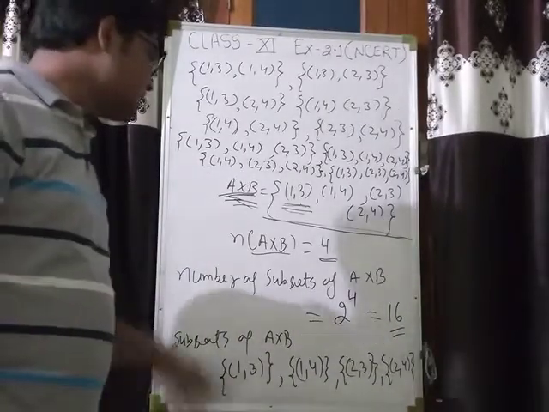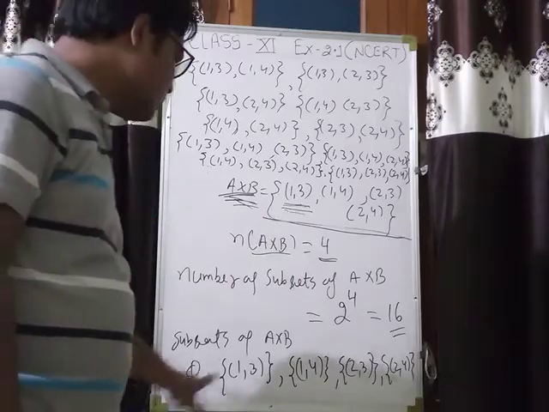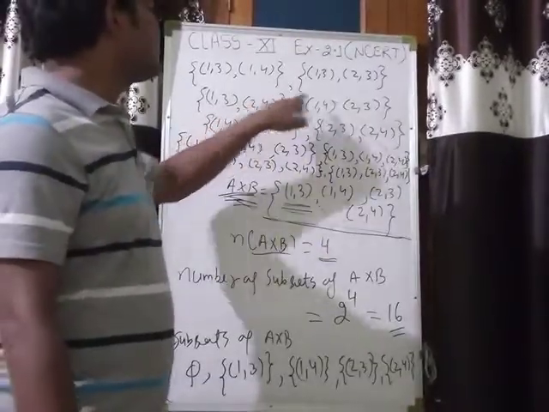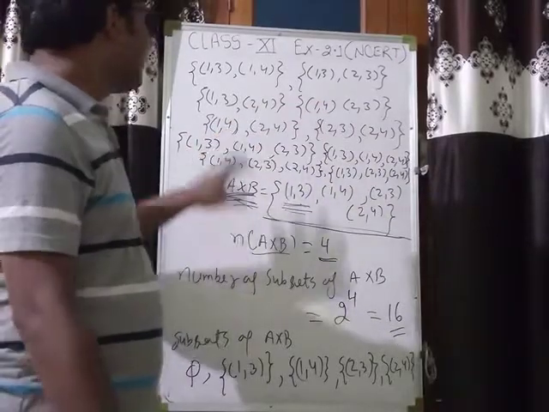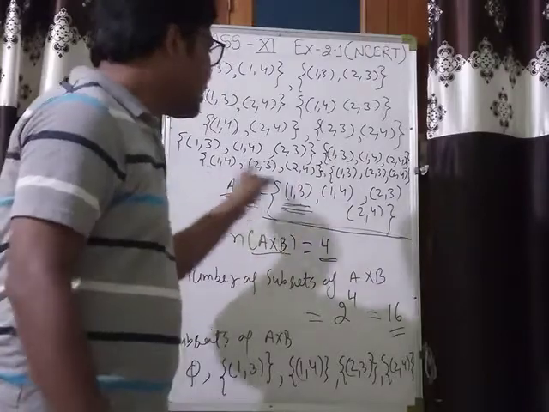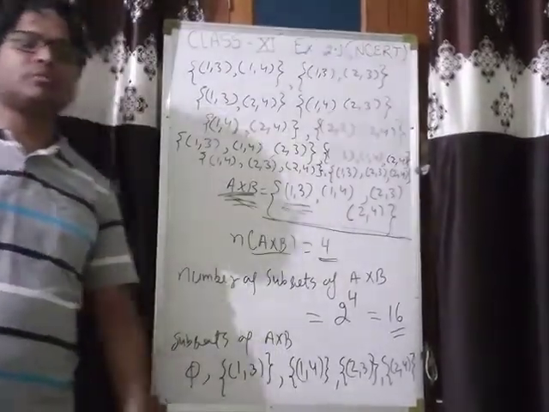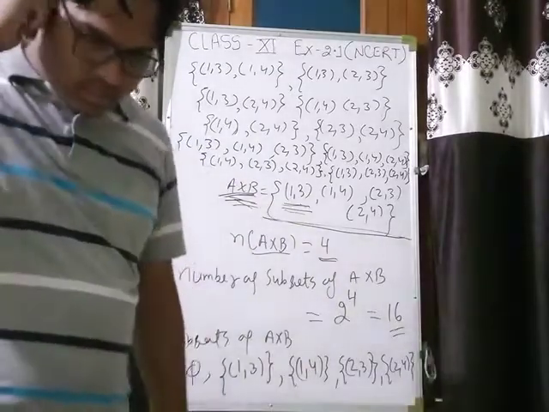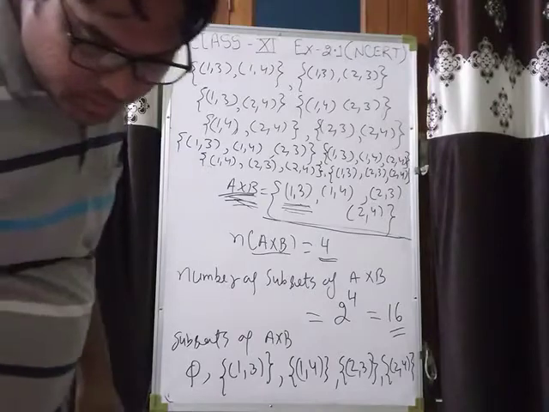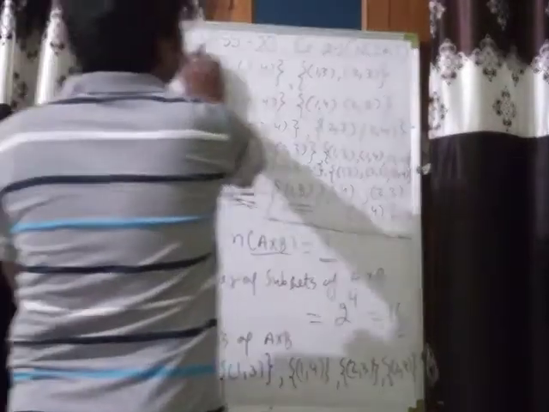So these are 16 subsets of A cross B. Again you can check: 1, 2, 3, 4, 5, 6, 7, 8, 9, 10, 11, 12, 13, 14, 15, and the set itself 16. These are the 16 subsets of A cross B. So that is the solution of question number 8. Now read question number 9. Everyone read question number 9.